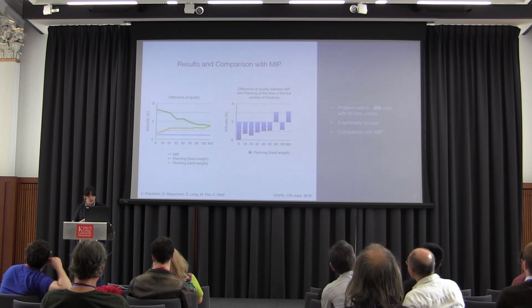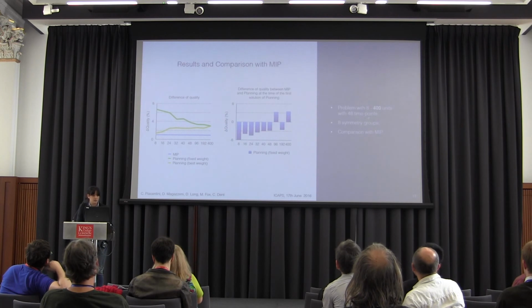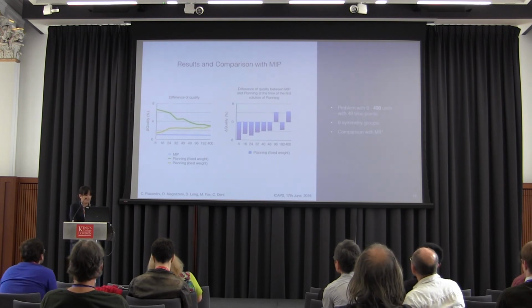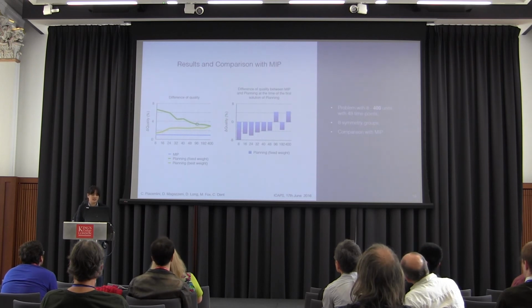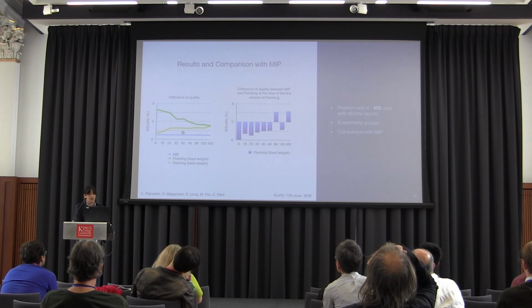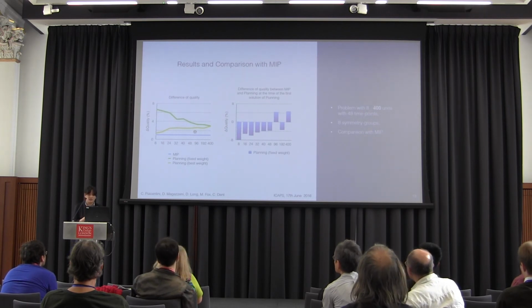And in this plot, I show the difference between the solution that we obtain and the solution obtained with mixed integer programming. And we can see that we are still not beating mixed integer programming, but we are more or less 3% worse.